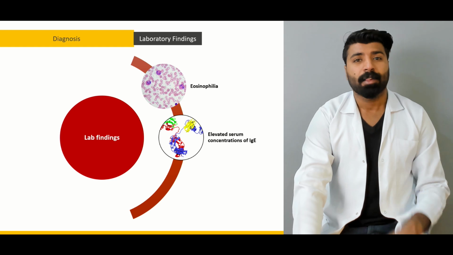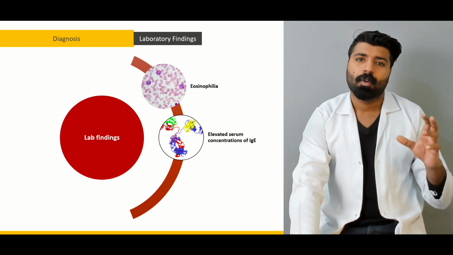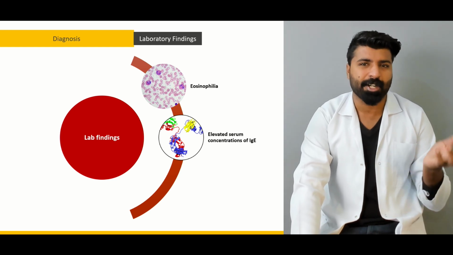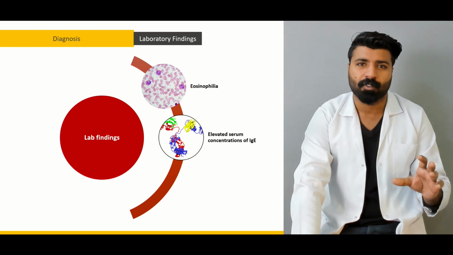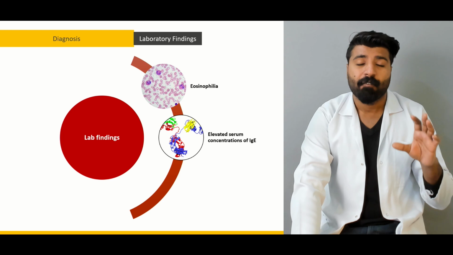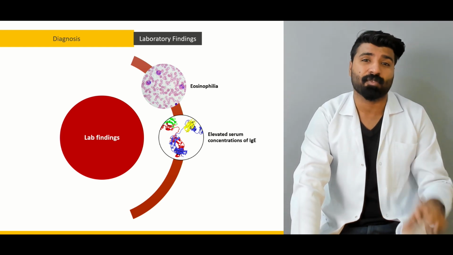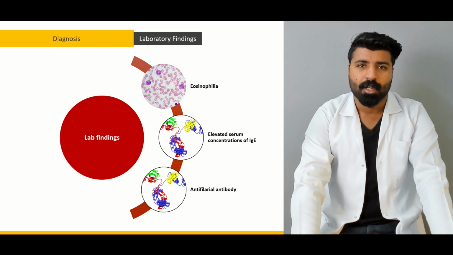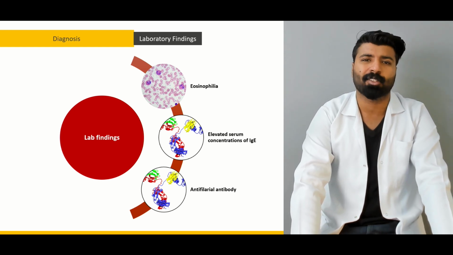We told you that these parasites lead to what? Inflammatory mediators coming out and causing havoc on the body itself. Now these IgEs will be higher in concentration and you will have these allergic reactions as well. Next on, you will have anti-filarial antibody, which is being produced by the body. So the presence of anti-filarial antibody is actually a confirmation of this pathogen in the body.